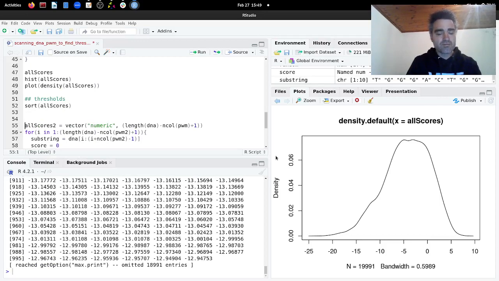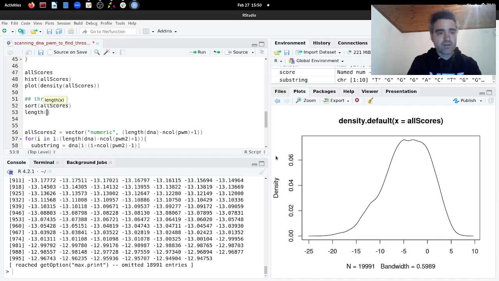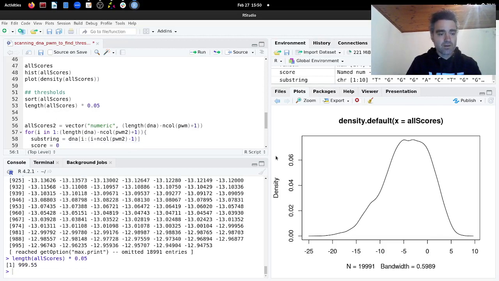Okay, now this is from the smaller to the greater, and we need the 5%. So how many values do we have here? What is the 5%? It's the length of all scores multiplied by 0.05. This is something like 1000 values.